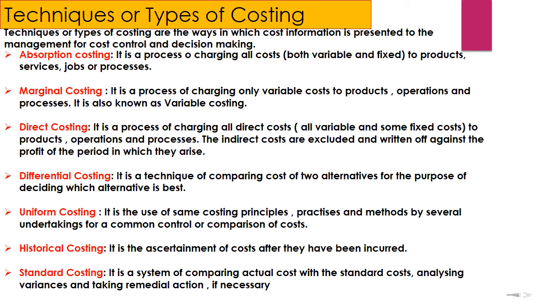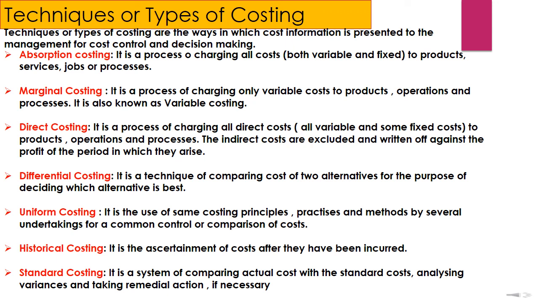Differential costing is a technique of comparing cost of two alternatives for the purpose of deciding which alternative is best. Uniform costing. It is a use of same costing principles, practices and methods by several undertakings for a common control or comparison of cost.